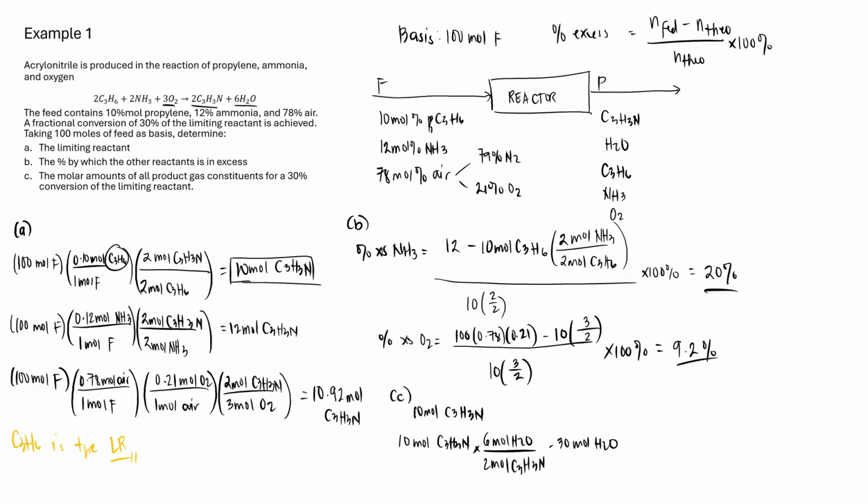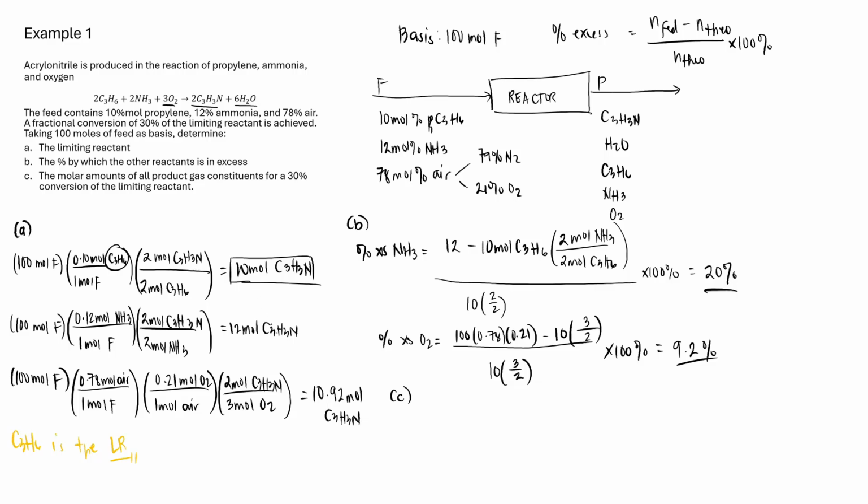Next, C3H6. Okay, so for letter C, with 30% conversion of the limiting reactant, let's first determine that.